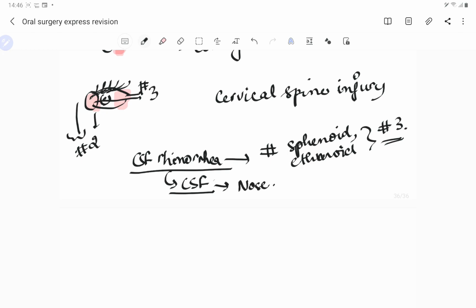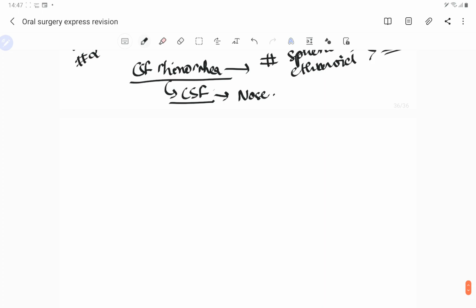Cerebrospinal fluid. So in case of a fracture of the base of the skull, there can be symptoms or signs of CSF rhinorrhea.